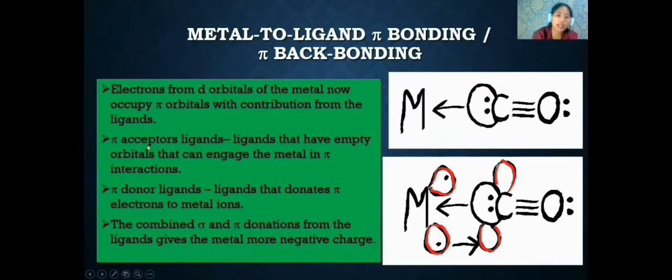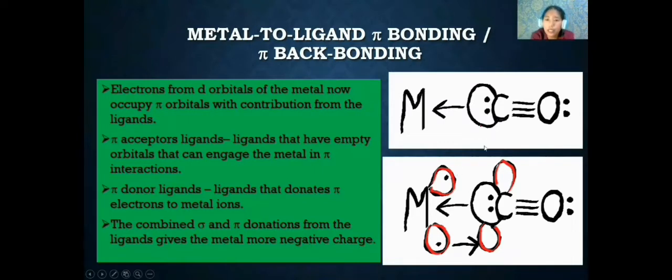Okay, so we have here the term pi acceptor ligands. These are ligands that have empty orbitals that can engage the metal in pi interactions. And then we have pi donor ligands, ligands that donate pi electrons to metal ions. So the combination of sigma and pi donations from the ligands gives the metal more negative charge.